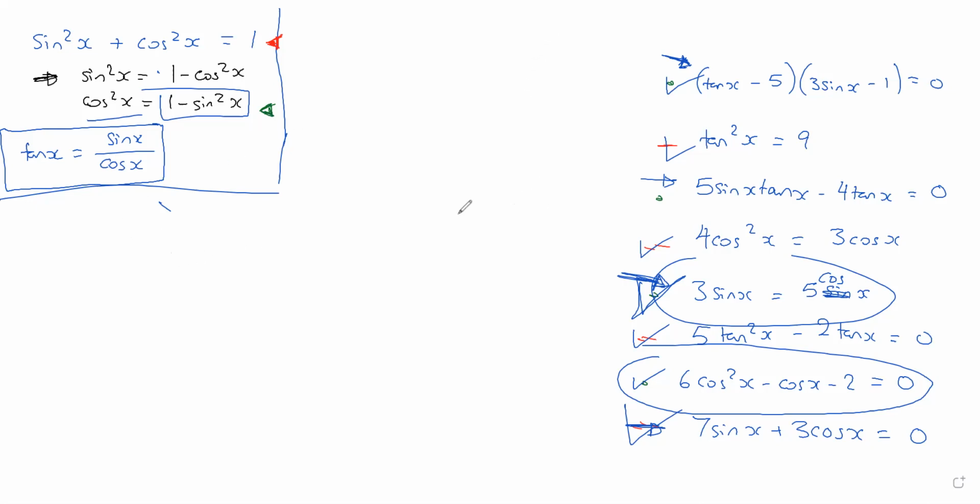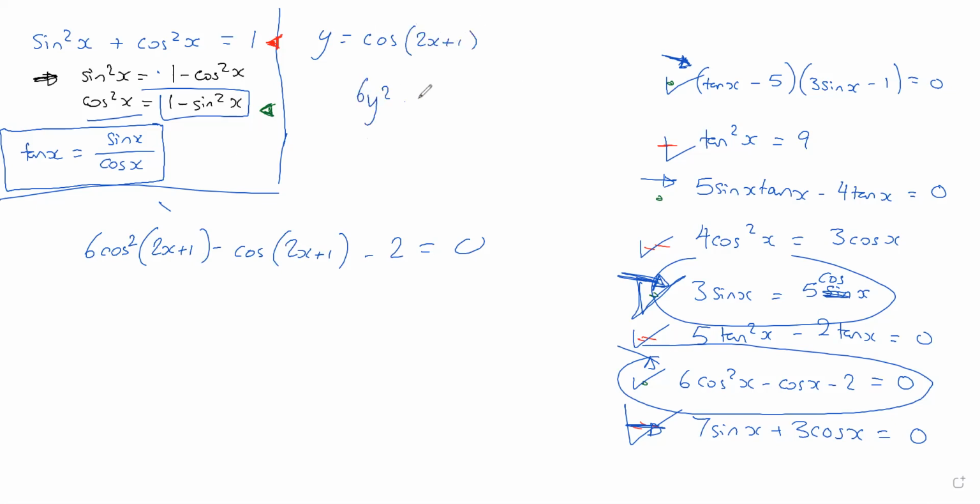Just as easily, say, for example, you've got this question here. This could so easily have been 6 cos squared 2x plus 1 minus cos 2x plus 1 minus 2 equals 0. Again, if all you would think about is, imagine you just treat that like y equals cos 2x plus 1, and you're still dealing with 6y squared minus y minus 2 equals 0.